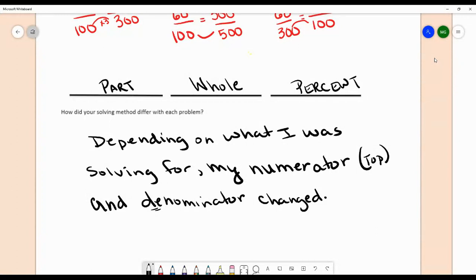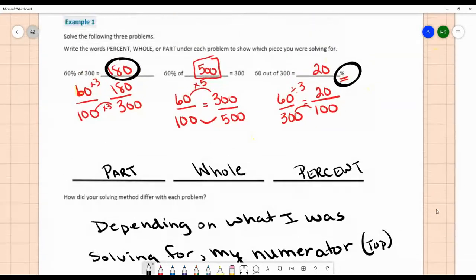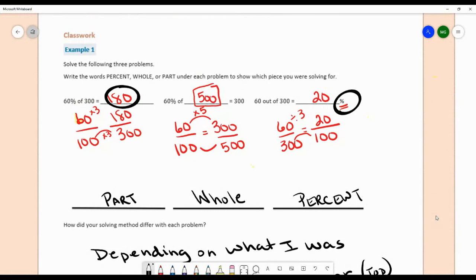All right. Big things that we want to look at when we're looking at a problem, we want to really make sure that we see these clue words of or out of. Okay. Of is a very big clue word. It lets you know which piece of the information is the whole amount compared to the part. So if you look at that first example, 60% of 300 tells us that we are looking for part of the 300.